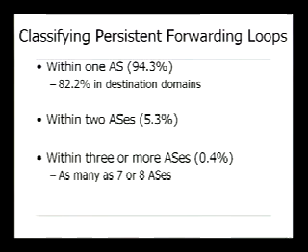And the last one: we found that only 0.4% of forwarding loops involve 3 or more autonomous systems. We also found some forwarding loops involving 7 or 8 autonomous systems. So the impact is really large.